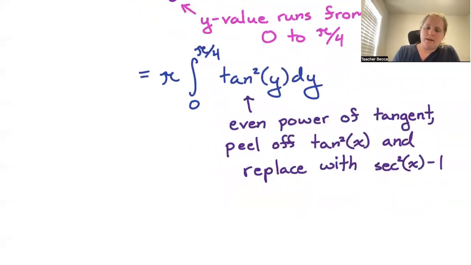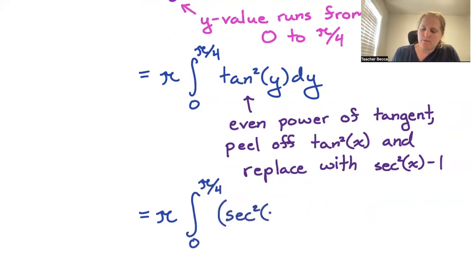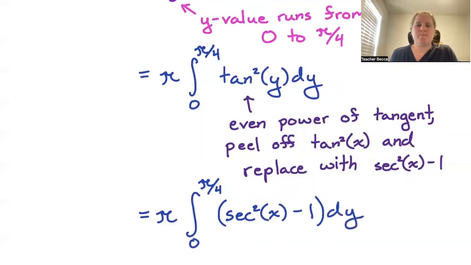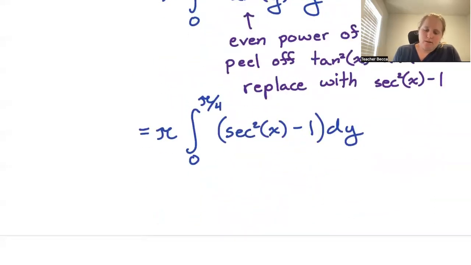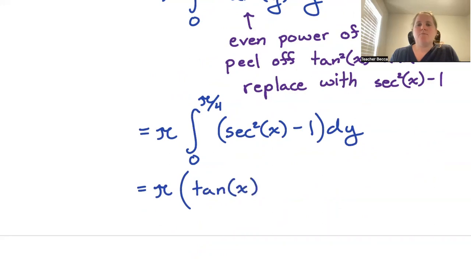So we are looking at pi times the integral from 0 to pi over 4 of secant squared y minus 1 dy. This becomes pi times secant squared simply goes to tangent, minus 1 goes to minus y, and then evaluating at 0 and pi over 4.